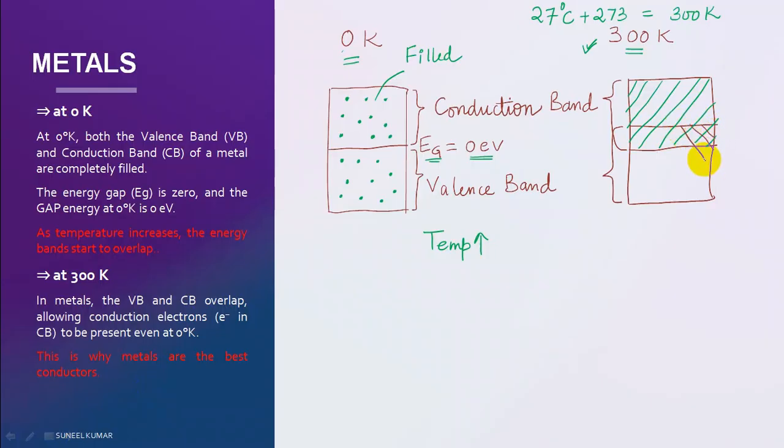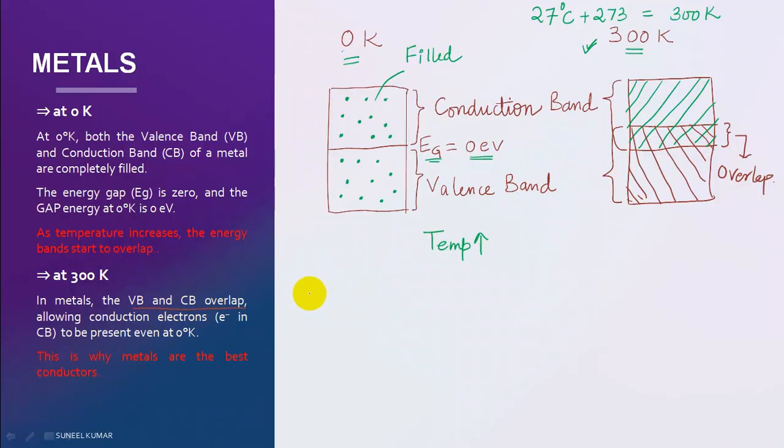Clearly we can see that both of these bands are overlapping each other. As we increase the temperature, these bands overlap. This is the reason for the overlap. So at 300 Kelvin, the valence band and conduction band overlap.